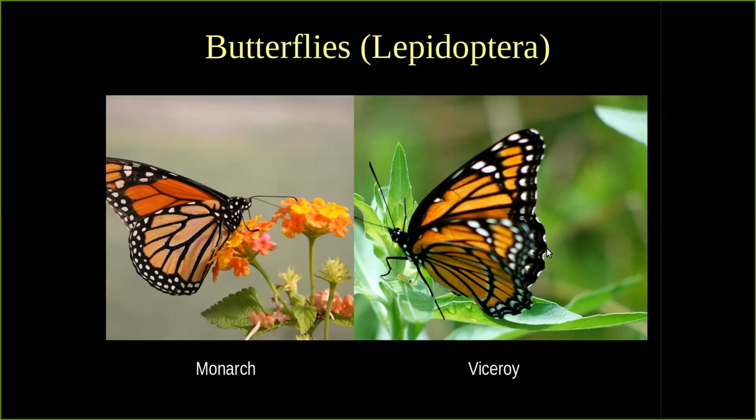Butterflies are another very important and very well-known group of insects. The most well-known of these is the monarch butterfly, which has a migration from way up north all the way down to Mexico and back, and it feeds almost exclusively on milkweed, which gives it a really nasty taste for birds.